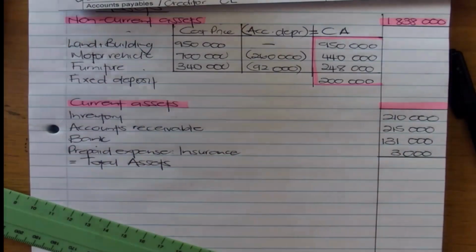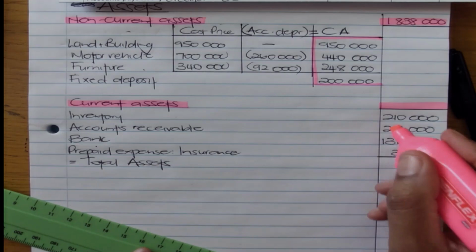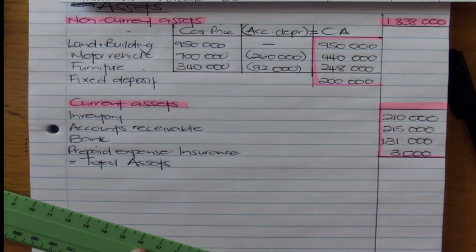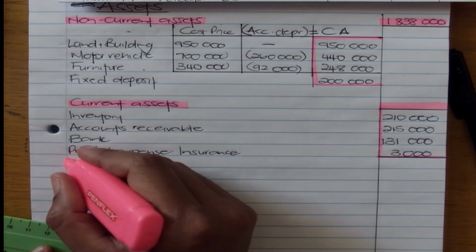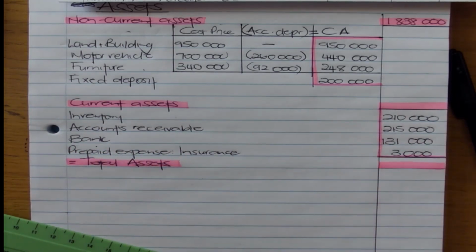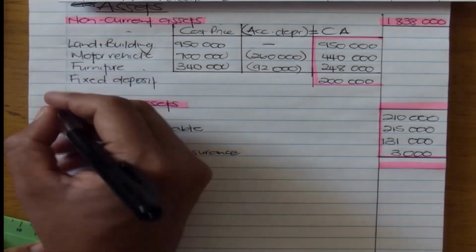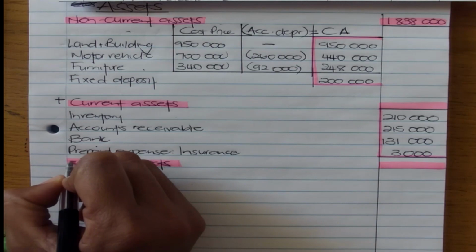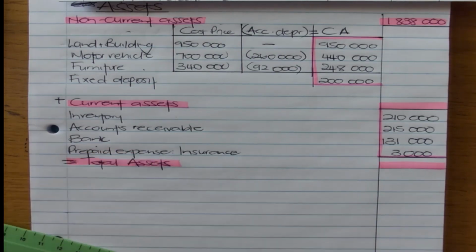So you're now going to add up this block to give you your current assets, and then you're going to get your total asset amount by adding your non-current assets plus your current assets.